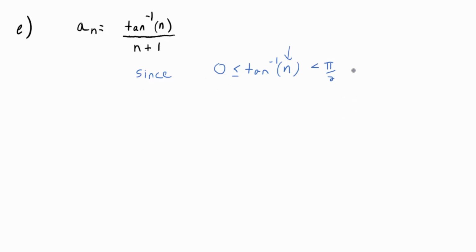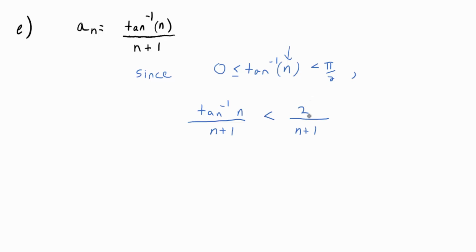So since that's true, we could say that tangent inverse of n over n plus 1, do I have to use pi over 2? I want to say it's less than something over n plus 1. I could use pi over 2 here, but what's an easier number to use? Pi over 2 is about 1.5, right?